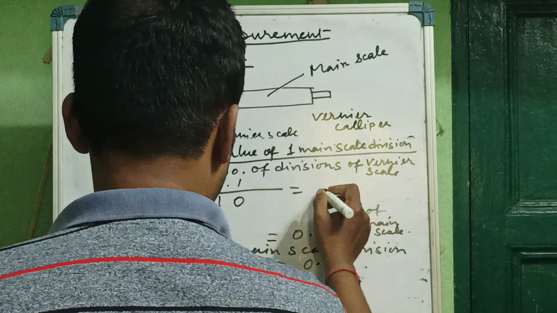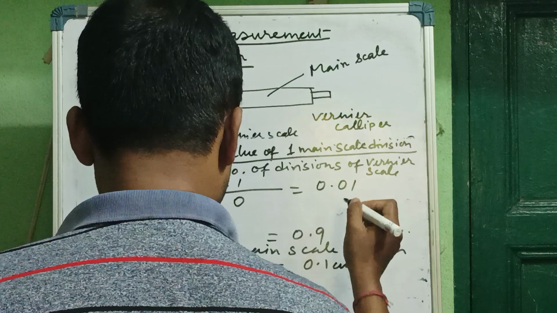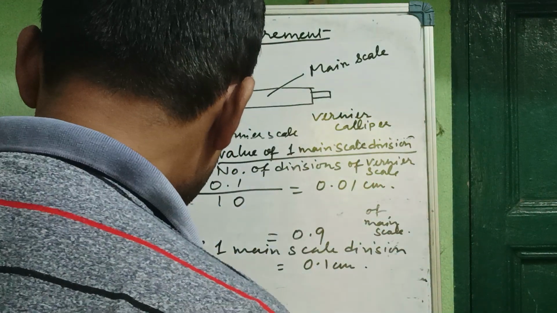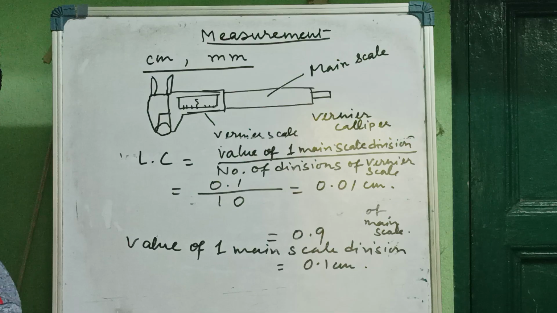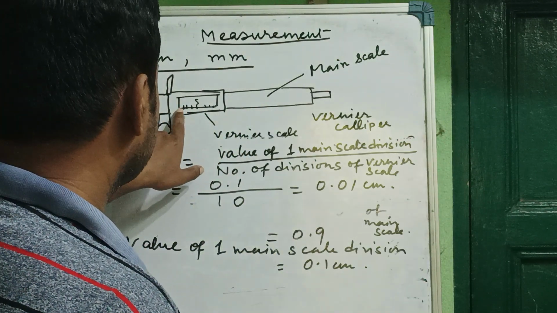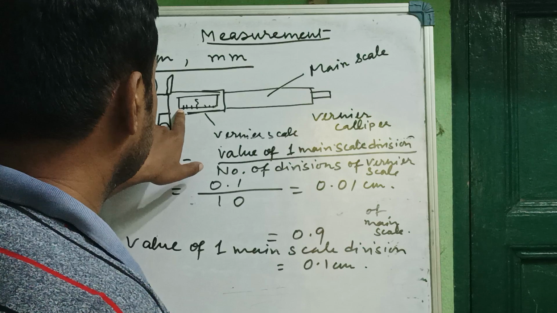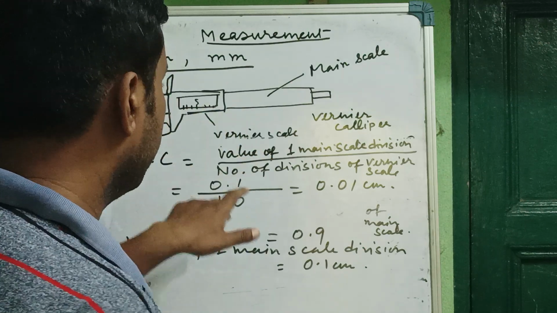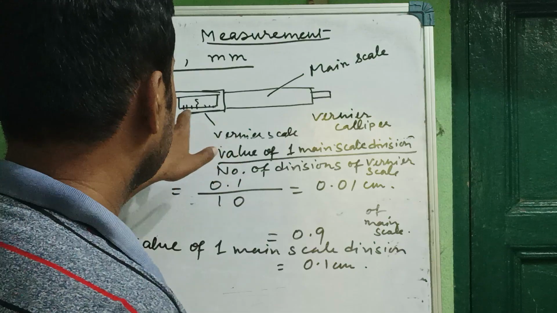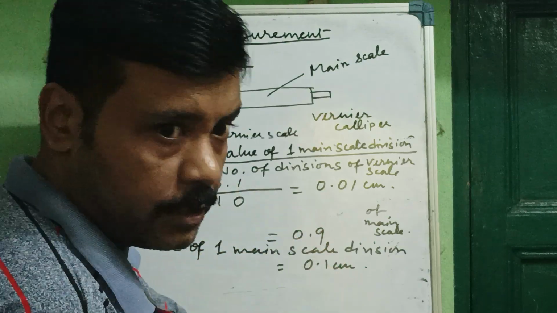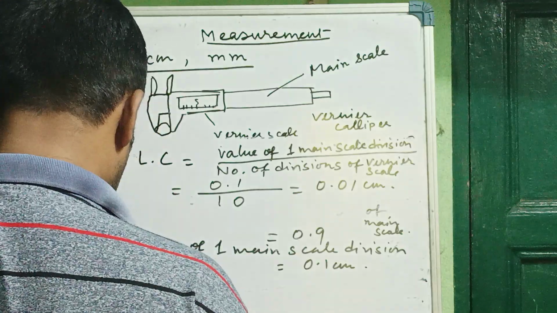So after calculation we get 0.01 centimeter. The main thing is that the Vernier scale has 10 divisions, and the Vernier scale 10 divisions coincide with the main scale 9 divisions.